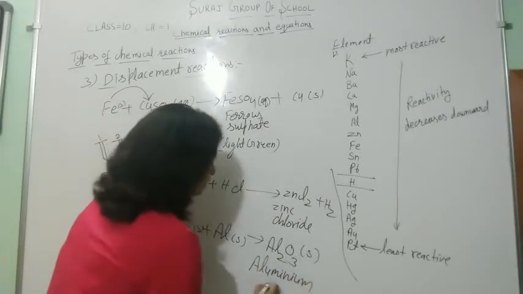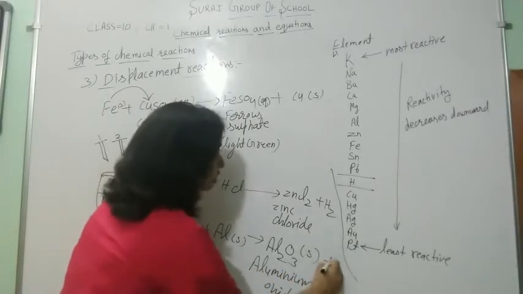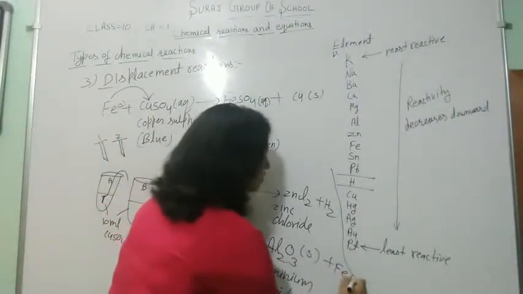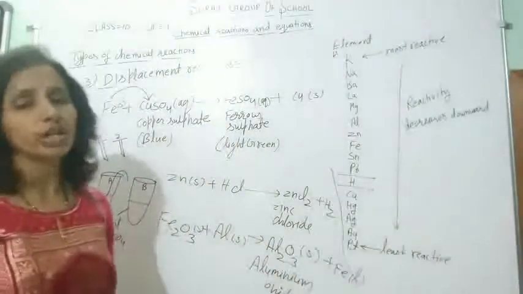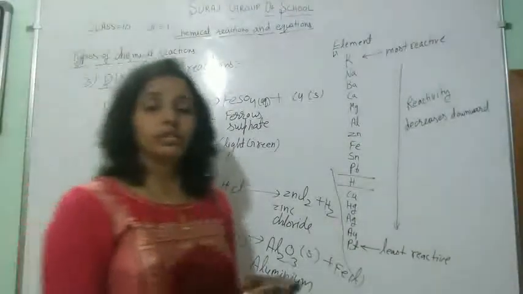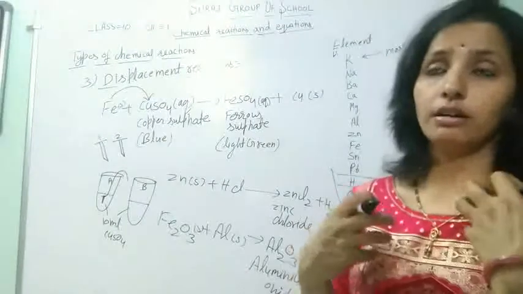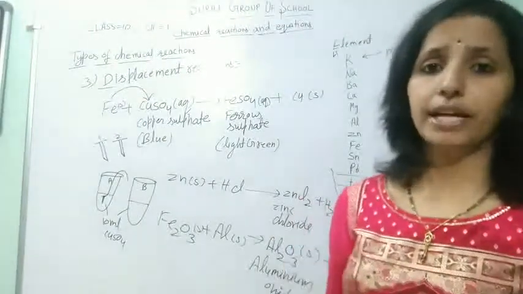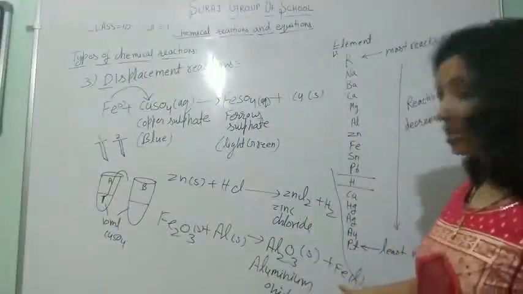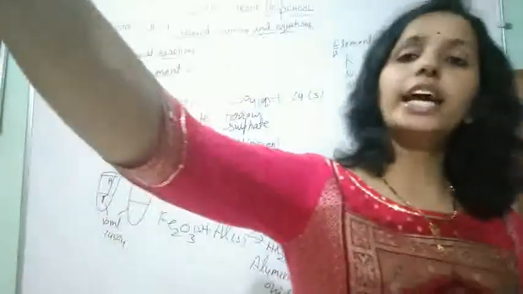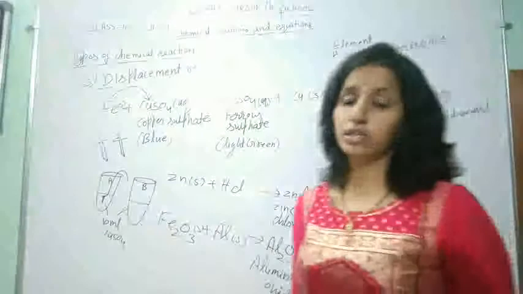Aluminium oxide plus iron in liquid state. Iron is formed here in liquid state, which can be used for welding. Because a very large amount of heat is supplied here, iron is produced in a molten state. These are the examples of displacement reaction.